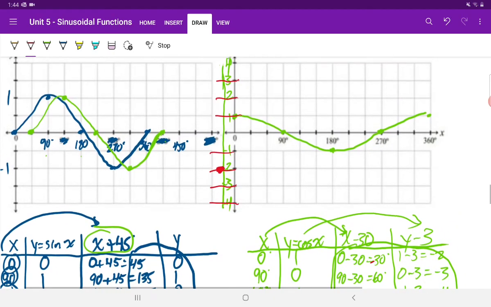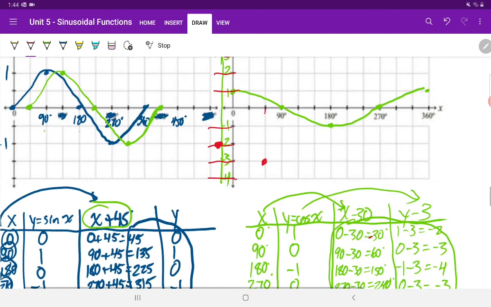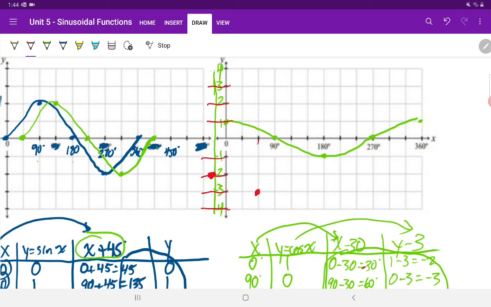60, -3. 60 degrees, if that's 30 60s right here, -3. 150, -4. 150, -4 right there.